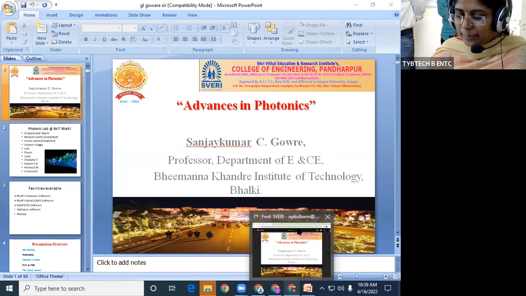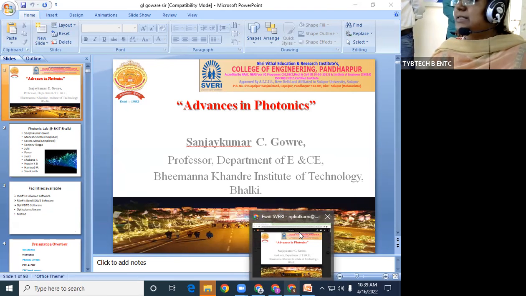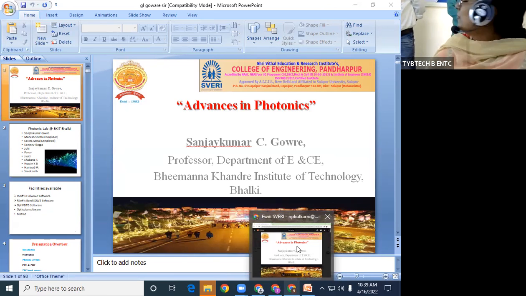An IEEE ICIIS 2007 grant from Peradeniya University, Kandy, Sri Lanka, with registration grant of USD 220. A scholarship of around 10,000 rupees per month for pursuing PhD at IIT Kharagpur. These are the basic things which show sir's work in this photonic field.